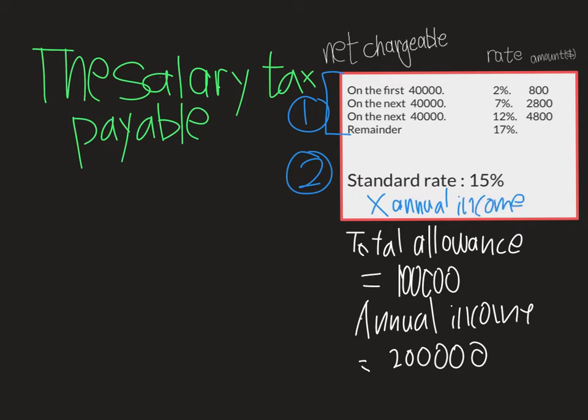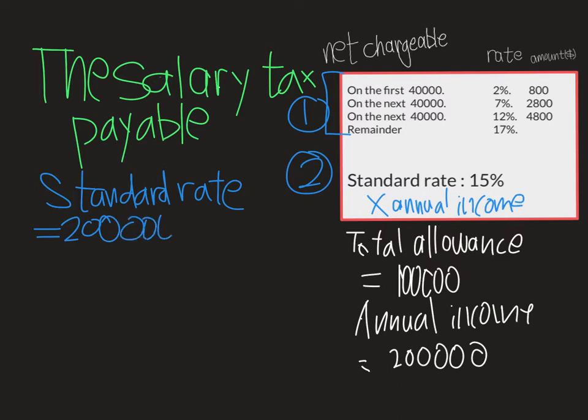For the first one, it is named as the standard rate. Let us write the rate, which needs the annual income, so we copy the annual income and we minus the allowance.